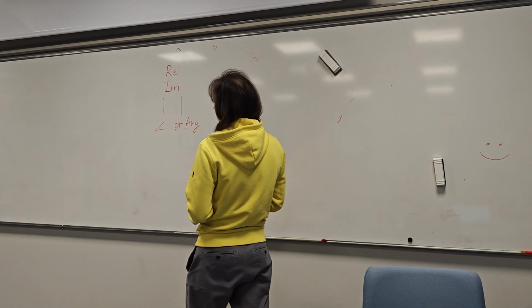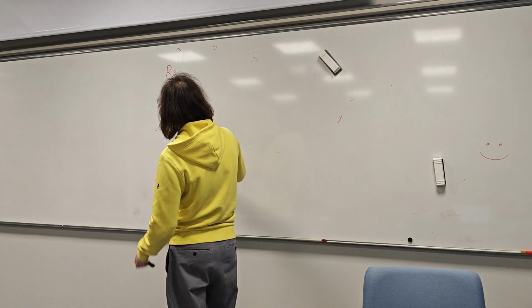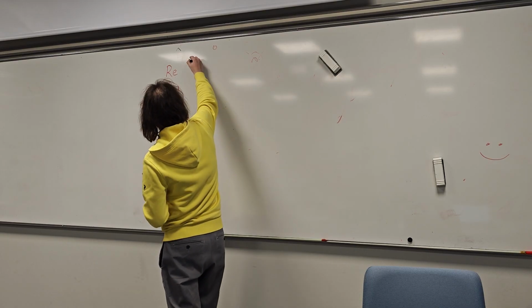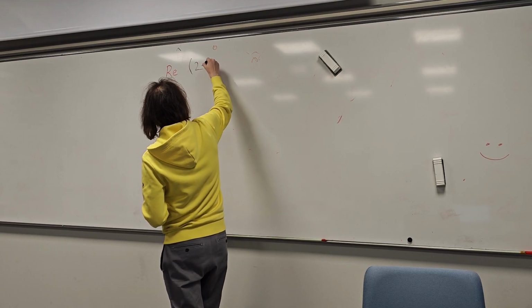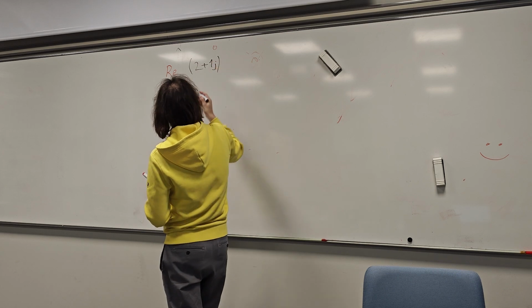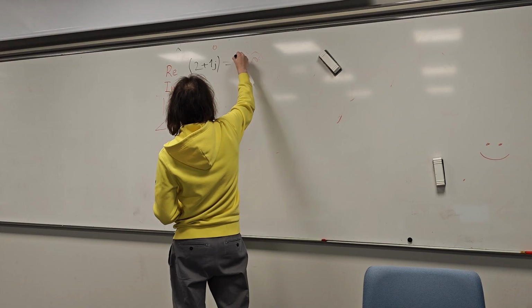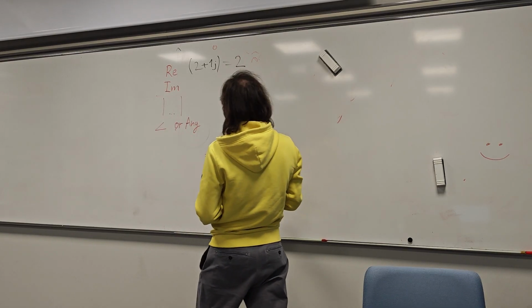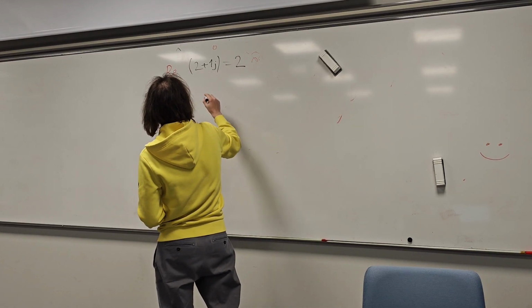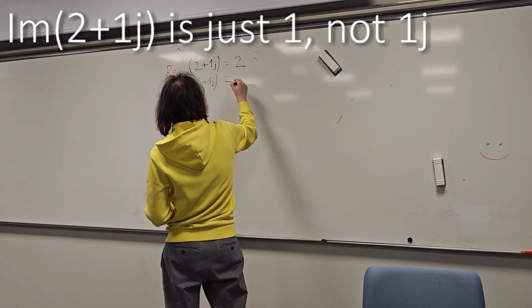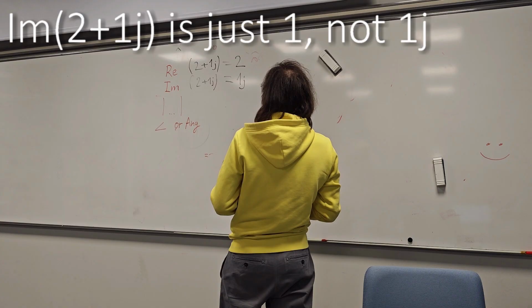So what does it mean? If you have, for example, a complex number like this, 2 plus 1g, what is the real part of this? It's equal to 2. What is the imaginary part of the same number? 1. Yes, actually 1.